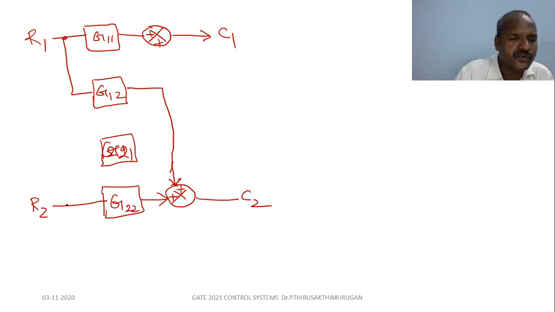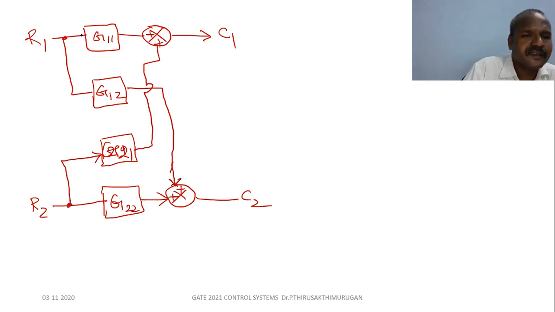Similarly, from R2 it is going to G21. So the flow direction is very, very important.